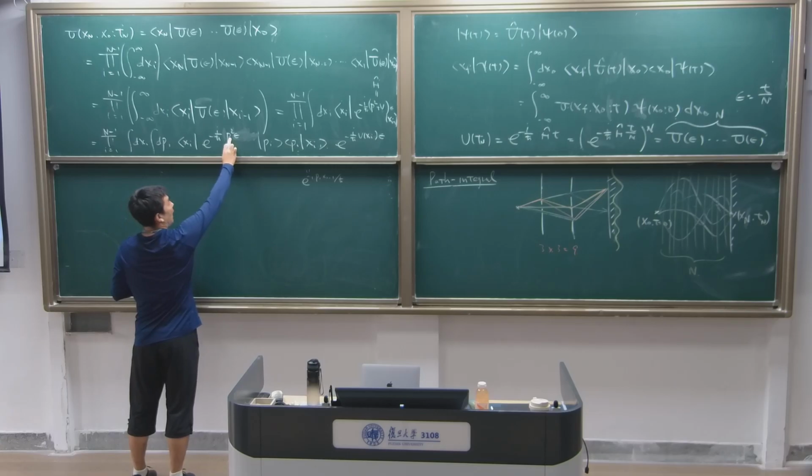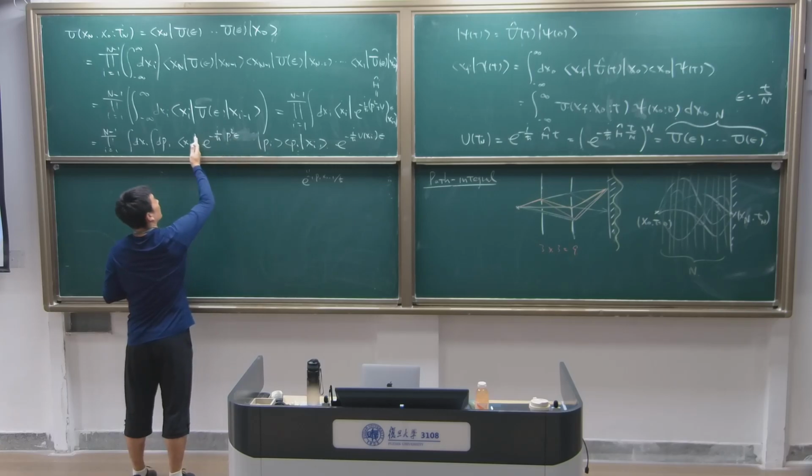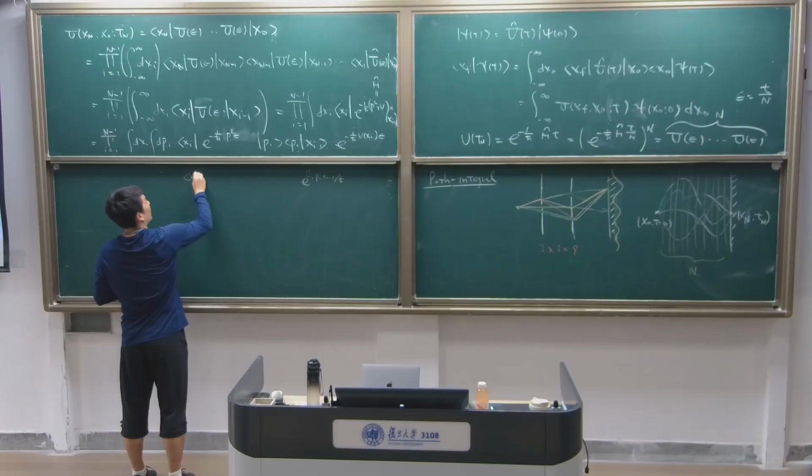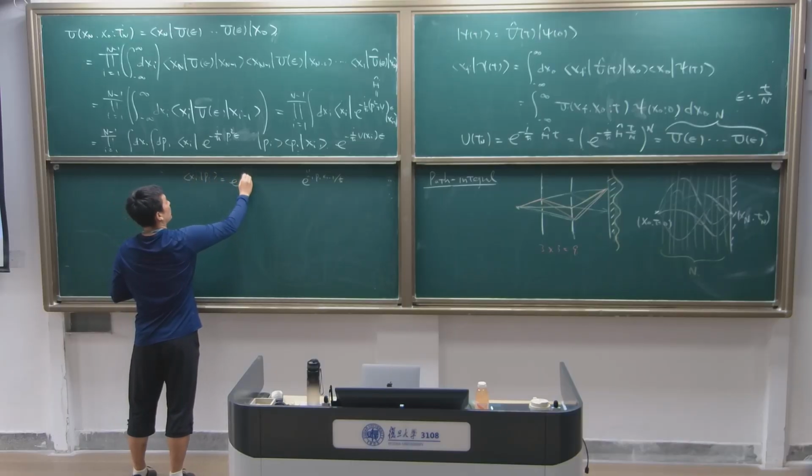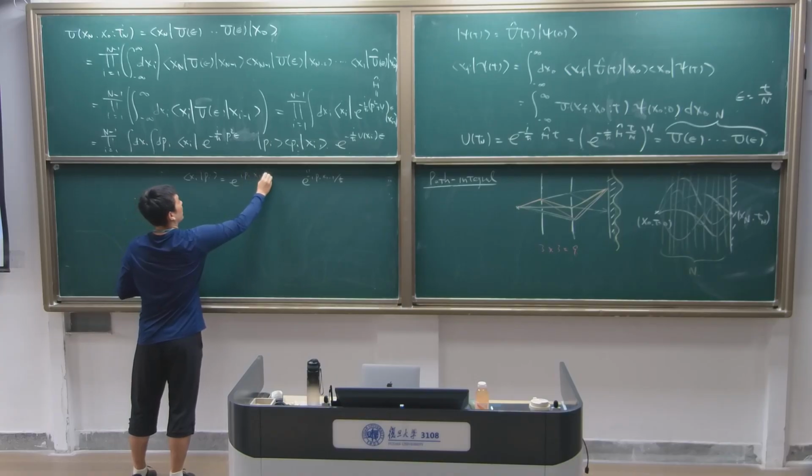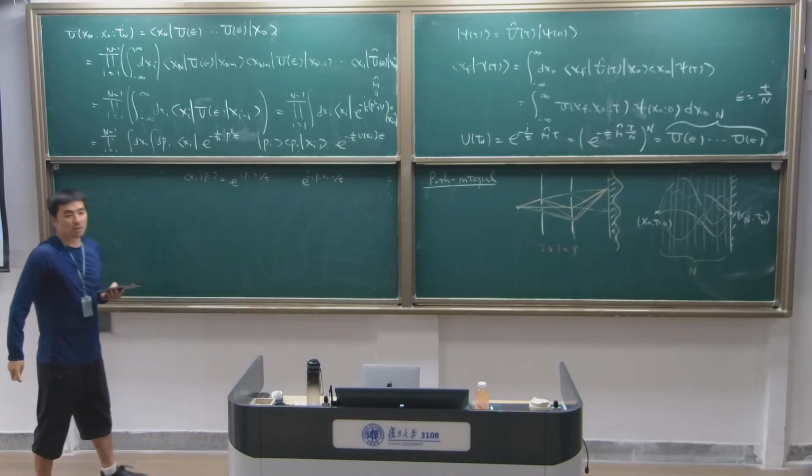Once you act p on |p_i⟩, this can be brought to here. You have an x_i and a p_i here, now giving you e^{i p_i x_i/ħ}. Okay? You agree?